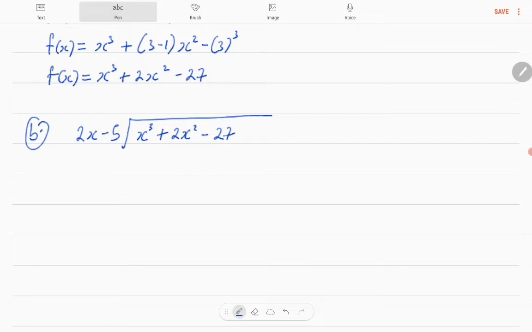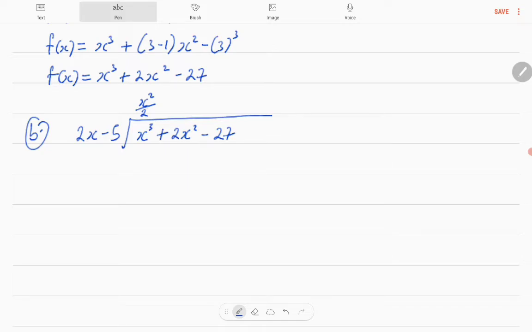When you divide x³, the first term, by 2x − 5, we'll have x² divided by 2.